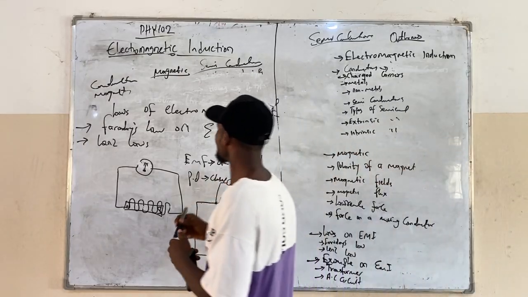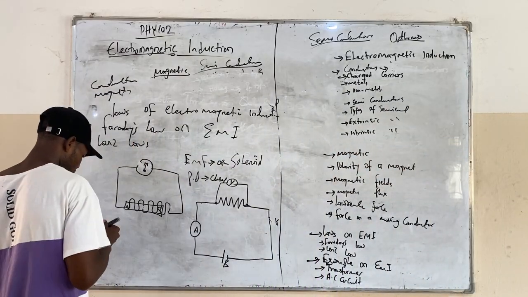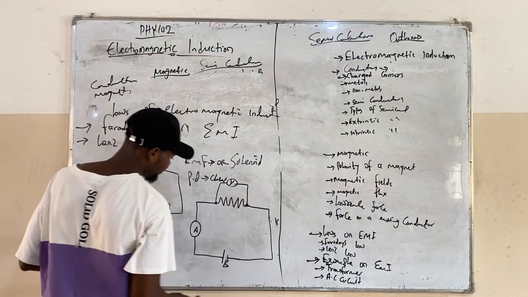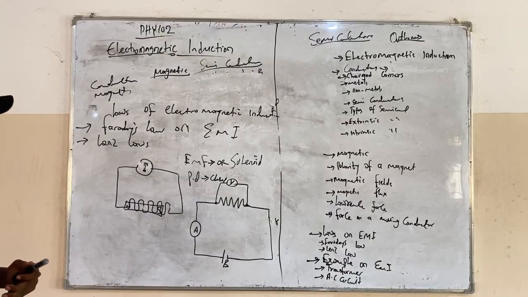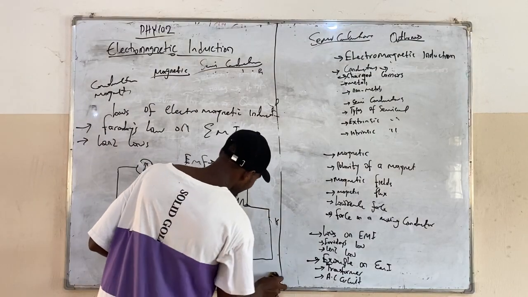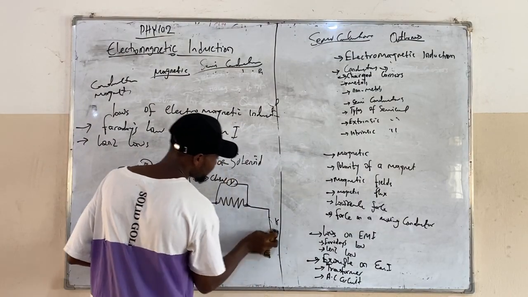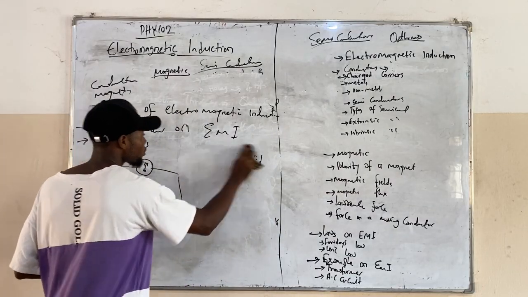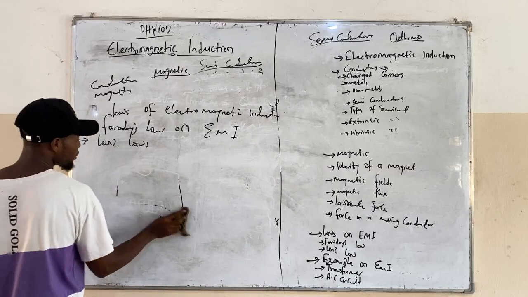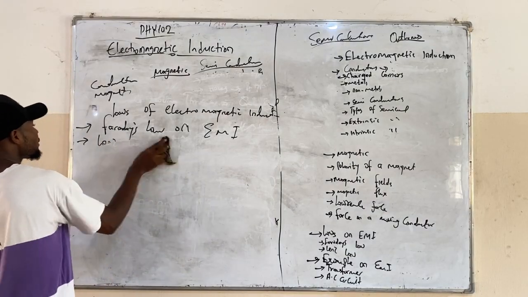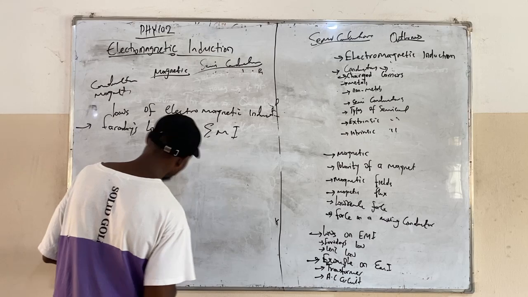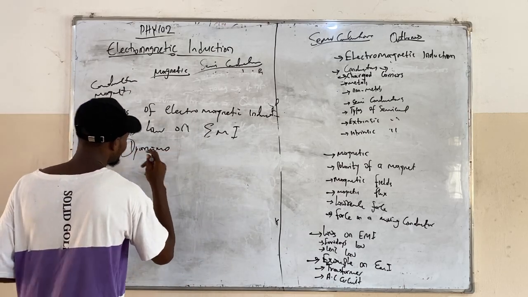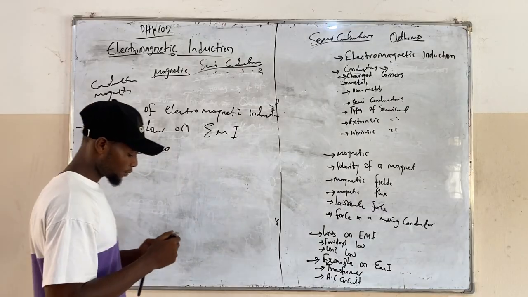These examples of EMF, I told you, are usually practiced in our daily life. Before we go into the examples of electromagnetic induction, let's quickly look at this concept known as the dynamo.